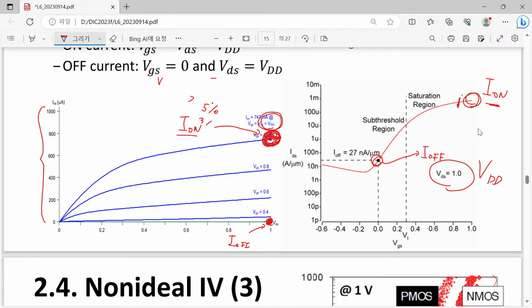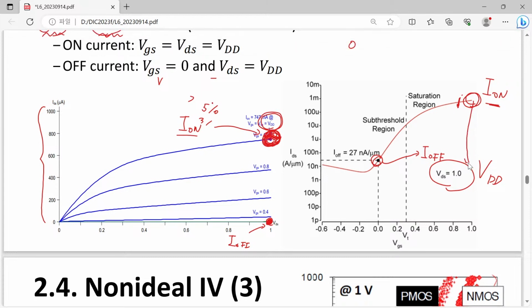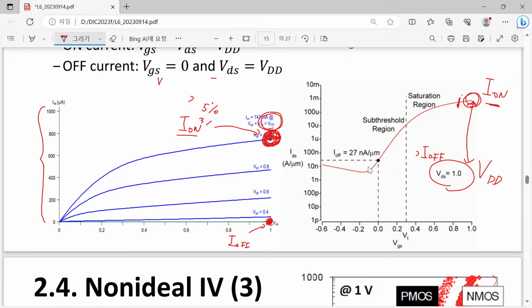This figure is good when we measure the difference between off and on, or sometimes visualize off itself. In the case of off, we do not care very much about, for example, a 10% difference of this one, nanoamp per micrometer, or 24 nanoamp per micrometer.